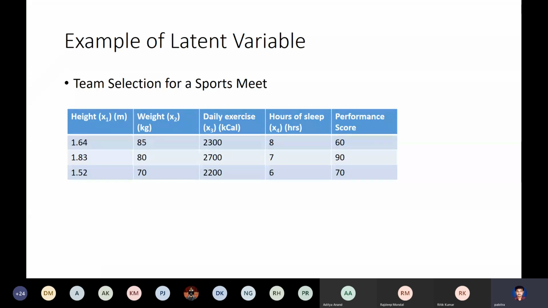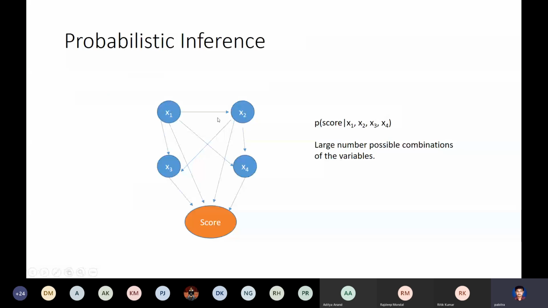So the situation we can think of like this: you have 4 variables denoted by these nodes x1, x2, x3, x4, and you have to predict without actually doing the trial, because we are doing a screening. We don't want everybody to come to the ground and do a trial.